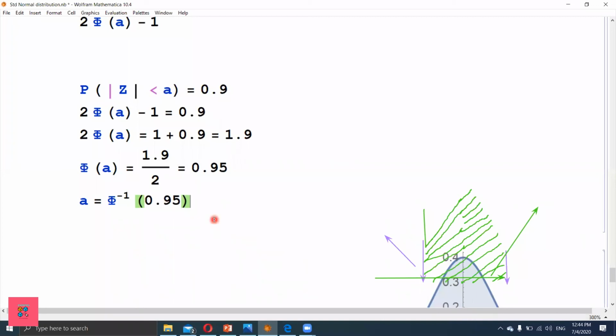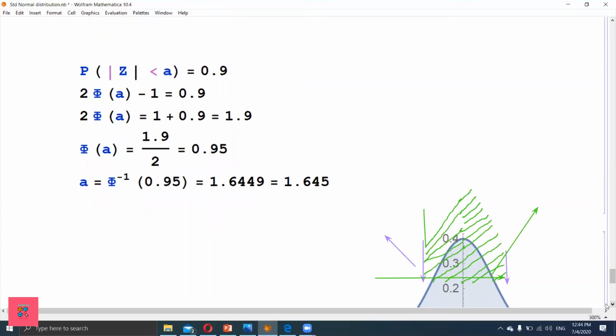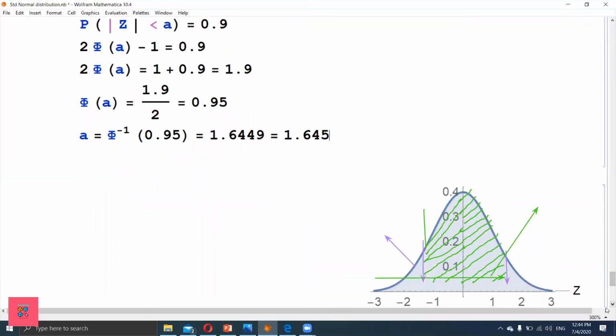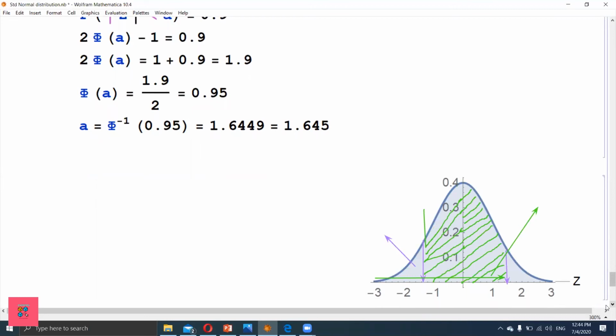A is equal to 1.6449, which is almost equal to 1.645. So understood. Its value is 1.645 on the positive side, and on the negative side minus 1.645. So we can write it here as plus minus.